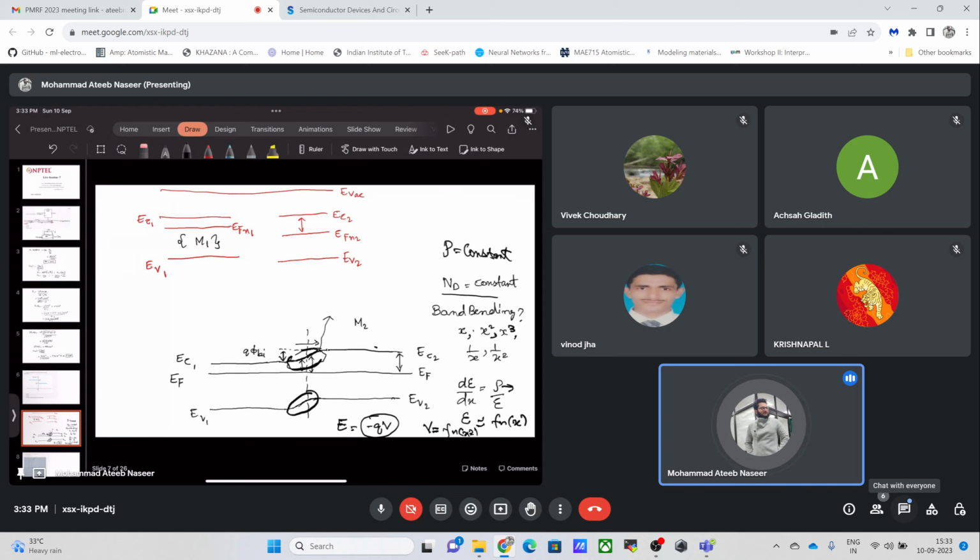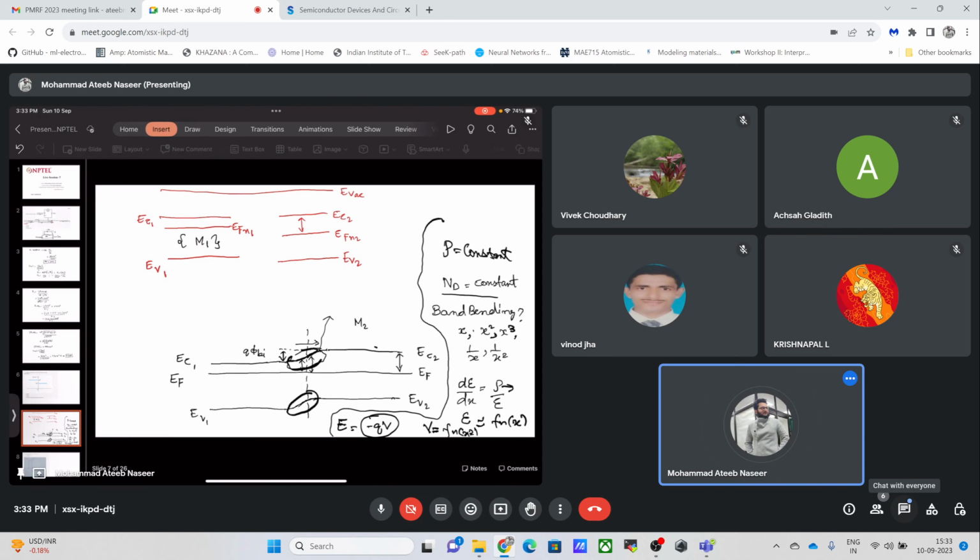Now I told you that this built-in potential will simply be the difference between the conduction band edges. Please be careful of this: whenever you are told to find anything regarding any new interface, just go for the Poisson equation. Try to start from the basics itself.